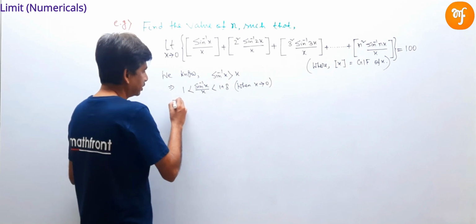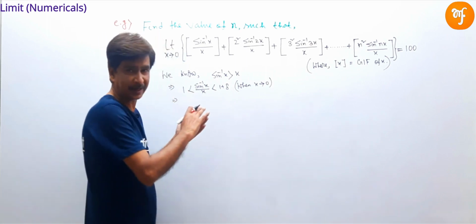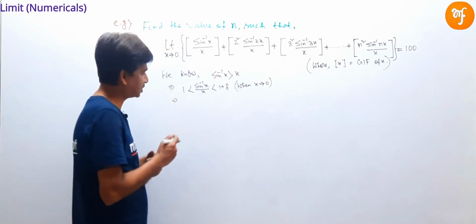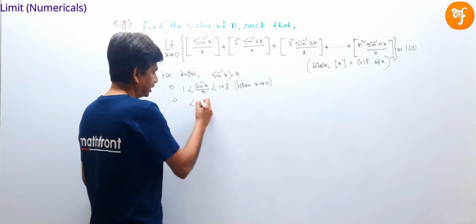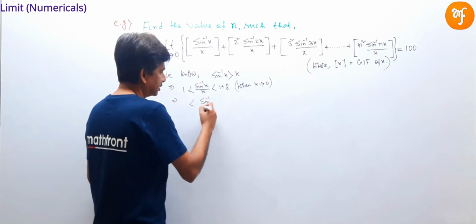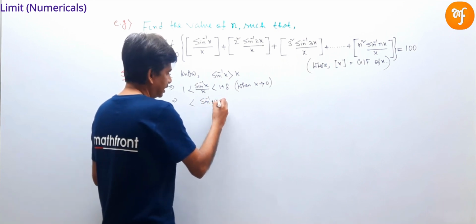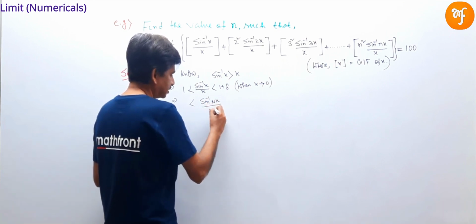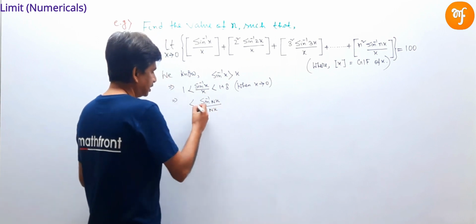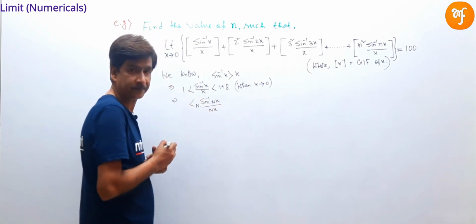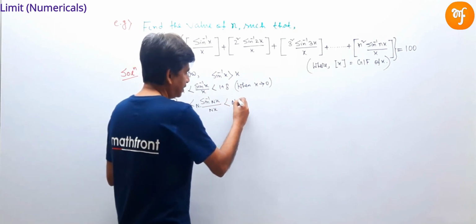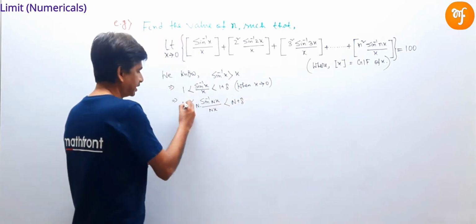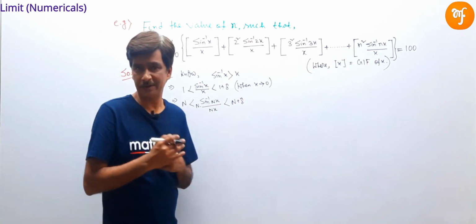Now look, if we multiply it by n, where capital N is a natural number, we can say sine inverse nx by nx into n must be less than n plus delta and greater than n, where n is a natural number.